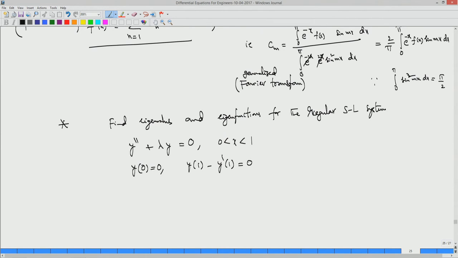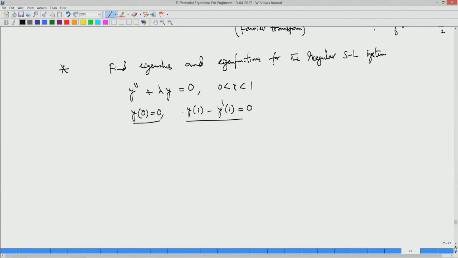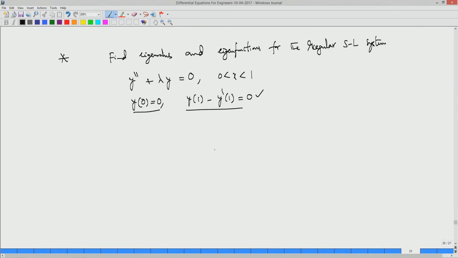Because it is a regular Sturm-Liouville system, you can give a combination of y and its derivative at 1 equal to 0. When you take such a combination, you may not get the eigenvalues explicitly. We will see how it goes.